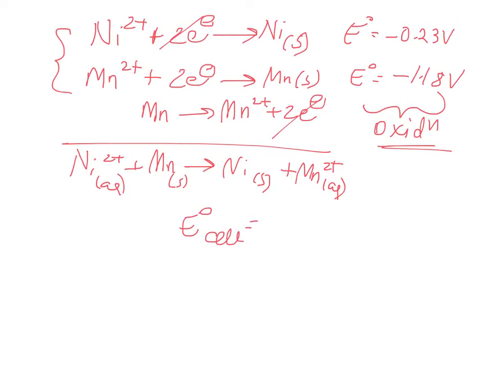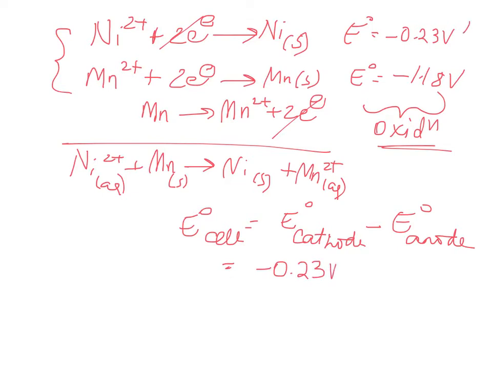And so if you had to determine the E0 cell, the overall value can be determined by looking at E0 cathode, from which we will subtract out E0 anode. The cathode in this case is going to turn out to be negative 0.23 volts, because that is my reduction reaction.